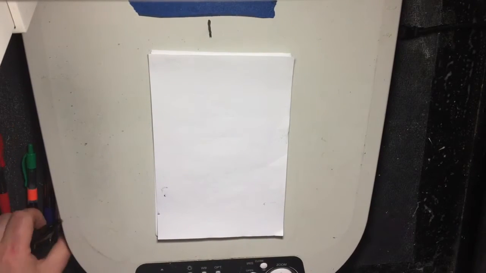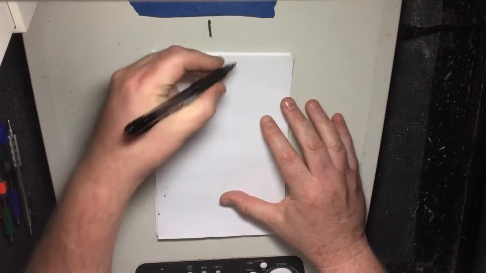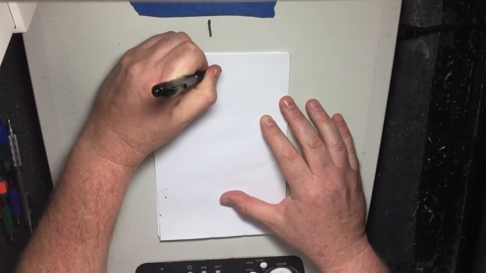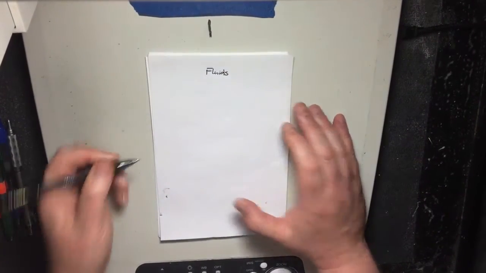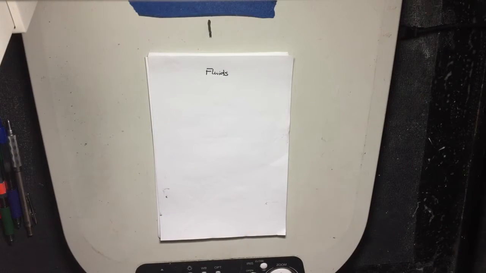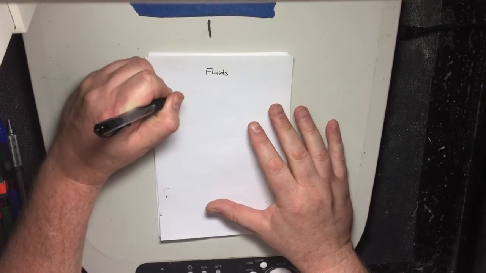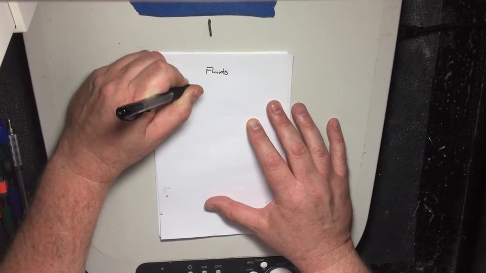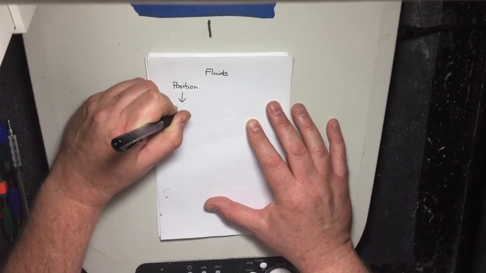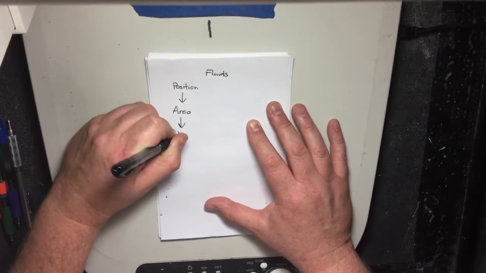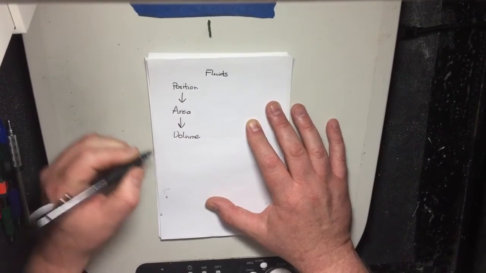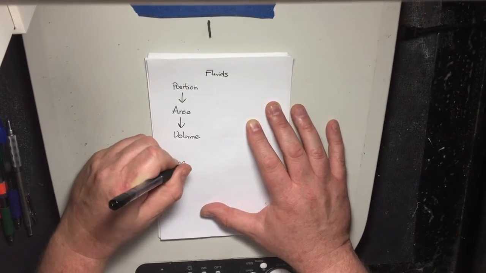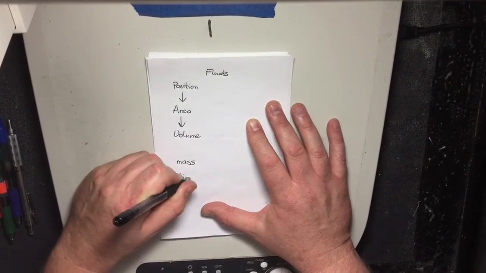Now, what we're going to do today is we're talking about fluids. Fluids can be air, water, liquid, gas. Over the past couple of weeks, we have learned about position and its units and how it relates to area and volume. And we have other things like mass and time.